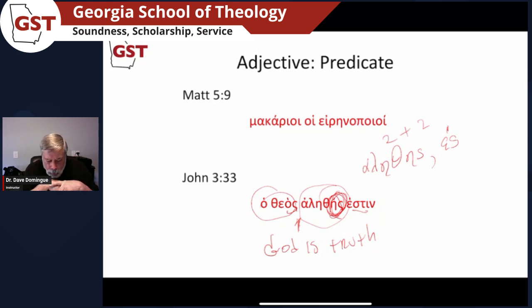For example, in 1 John 4 verse 1, dokimazete, that's an imperative, to test, ta pneumata, the spirits, ei ek tou theou estin. The ek tou theou is the prepositional phrase, mark that off. And ei is the conditional clause, if. So test the spirits if they are from God.